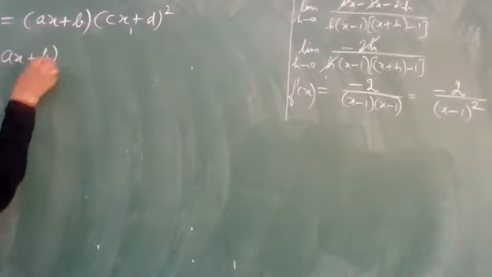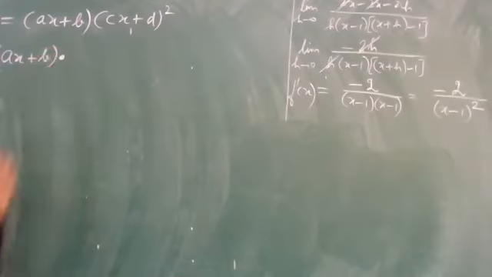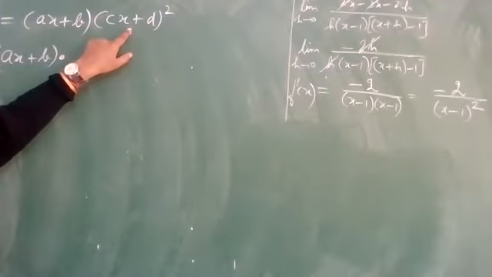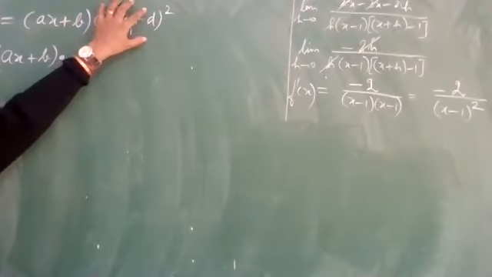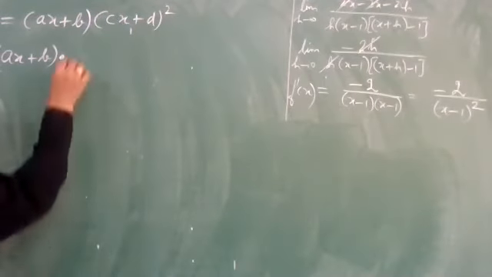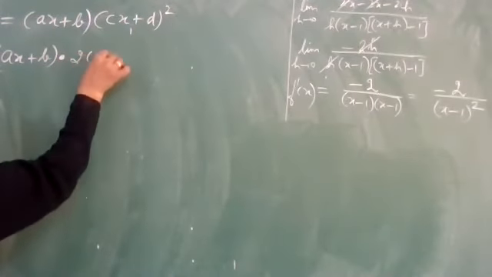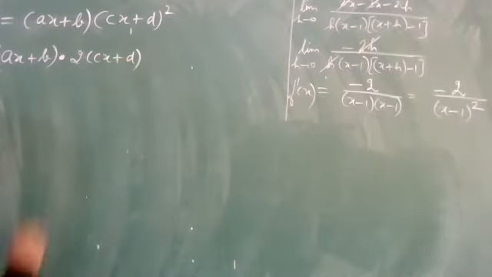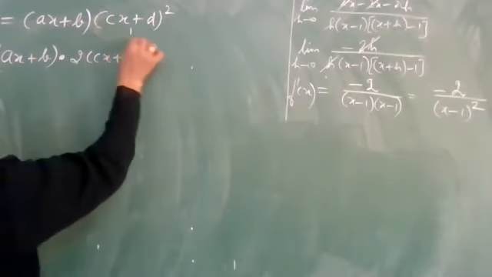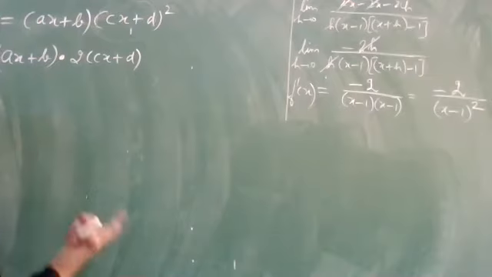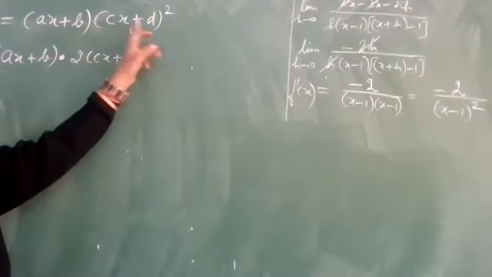Let's take y dash. First function as it is. Derivative of second. Now when we are taking derivative of second, the outermost function that we have here is x raised to the power n. So by chain rule it is n x to the power n minus 1. And whatever function we have inside, we have to take the derivative of that also. cx plus d.